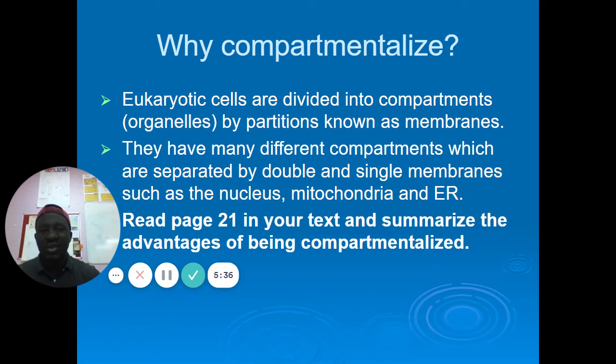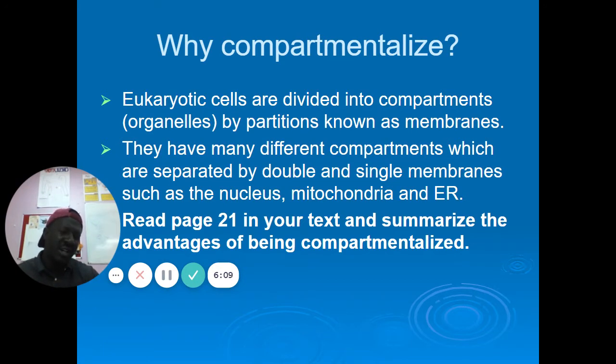If you go and read page 21 in your textbook, you can make some summaries of the importance of compartmentalization. When you talk about the importance of compartmentalization, we are basically finding the importance of having different organelles located in these cells to serve different purposes.